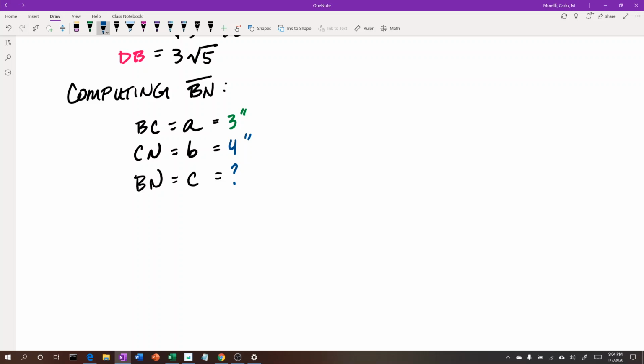Okay, so basically, if we show this work out here, if a squared plus b squared equals c squared, then, okay, let's write it out. I want to line it up. Then BC squared plus CN squared equals BN squared.